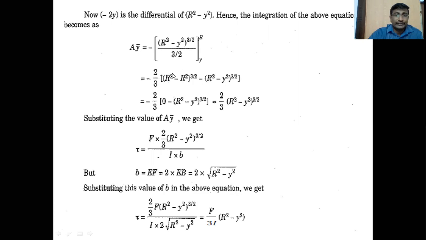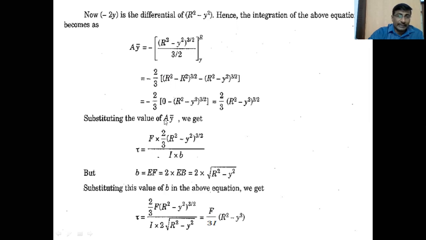So the first term is 0, since r square minus r square is 0, minus 2 by 3 times 0 minus r square minus y square whole power 3 by 2. Therefore, minus minus is plus 2 by 3 r square minus y square whole power 3 by 2. This is the A y bar value. A y bar, the first moment of the shaded area about the neutral axis, is 2 by 3 r square minus y square whole power 3 by 2.